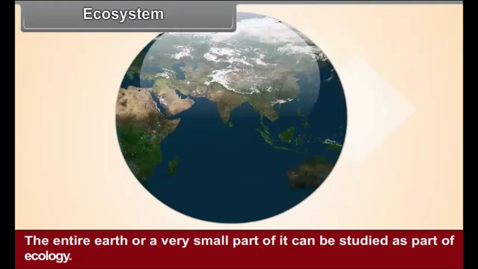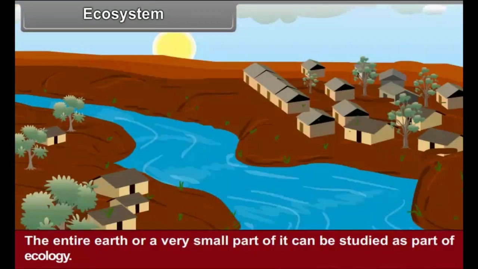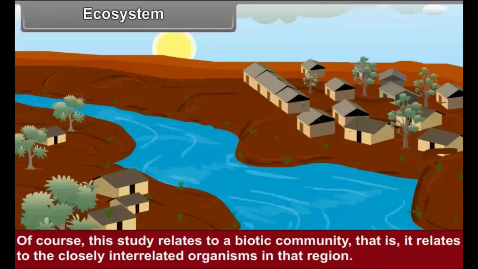Ecosystem. The entire earth or a very small part of it can be studied as a part of ecology. Of course, this study relates to a biotic community, that is, it relates to the closely interrelated organisms in that region.